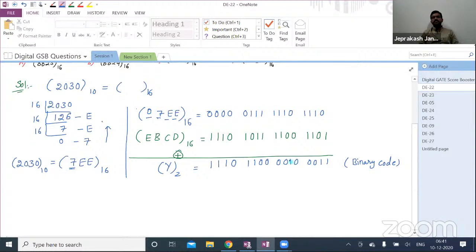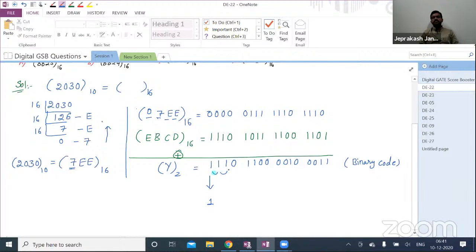We copy the MSB as it is, right? Whatever the starting bit is, you have to copy that bit as it is, whatever the number of bits you have in the binary code. This is the first step. After that, perform exclusive OR operation on successive bits.